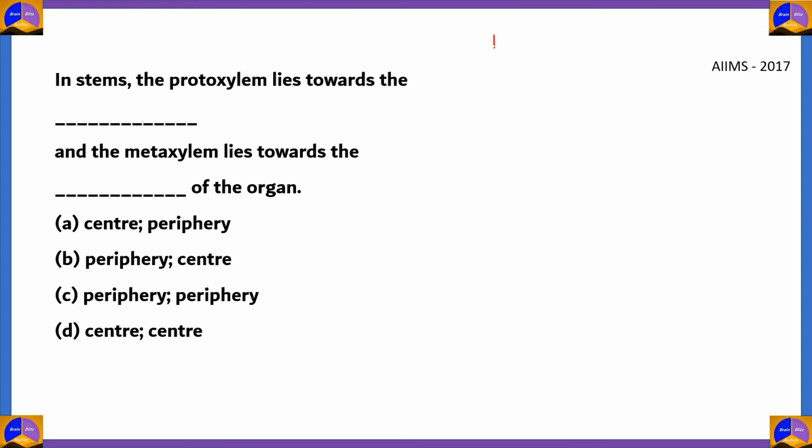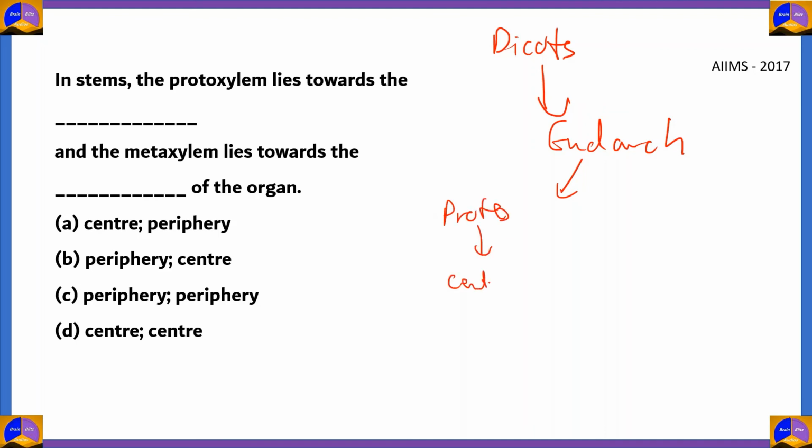So this is dicots, and dicots contain endarch. In endarch, the protoxylem is towards the center and the metaxylem is towards the periphery. And so therefore, option A is correct.